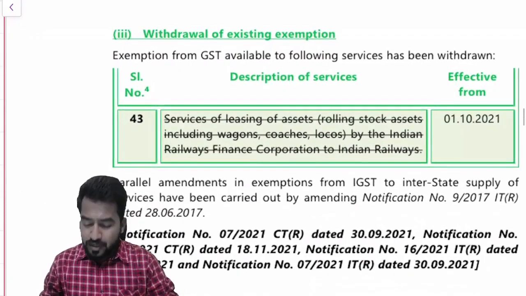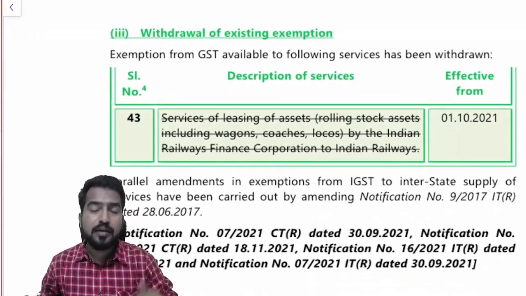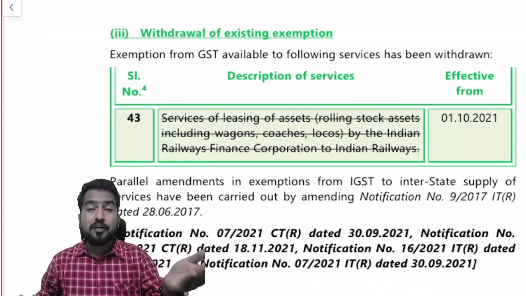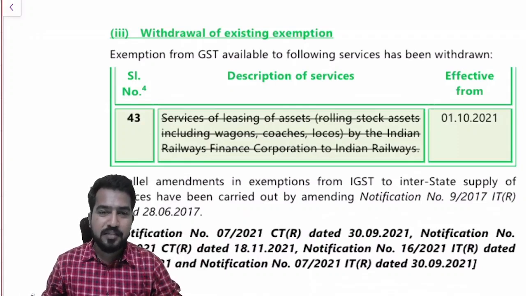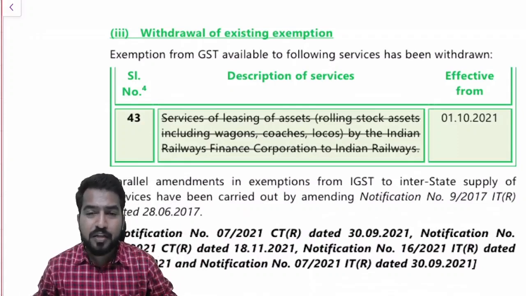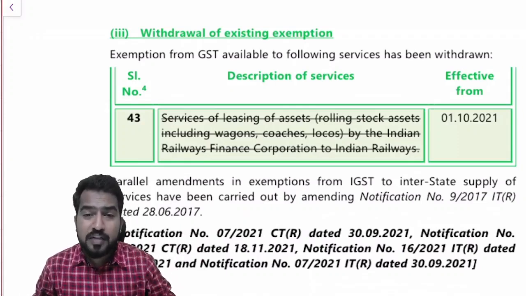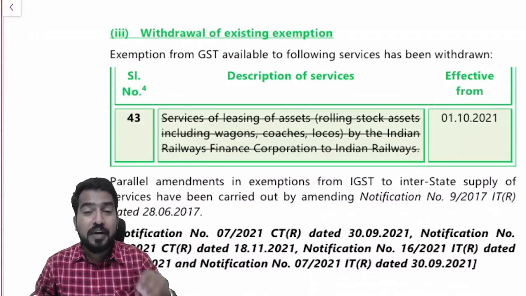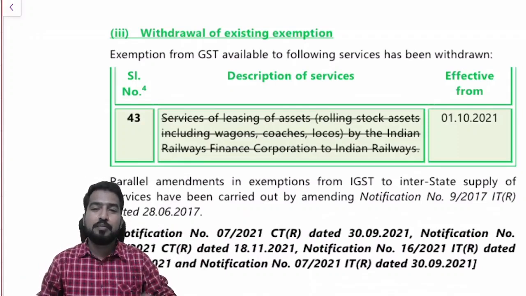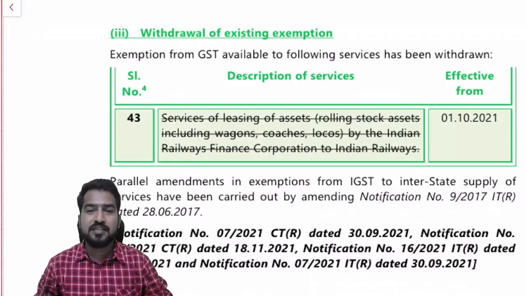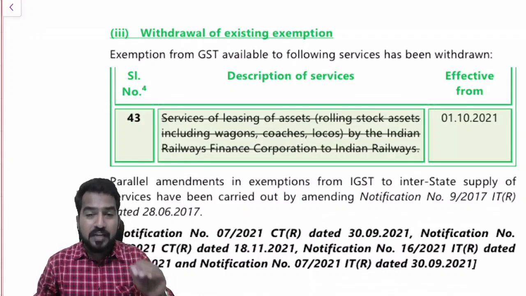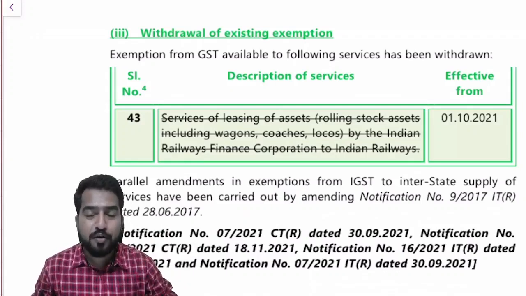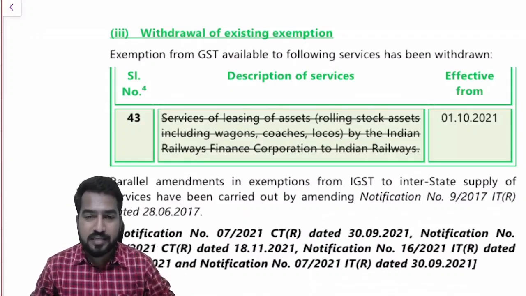And one more interesting thing is the last leg in this particular exemption, that is the withdrawal of an existing exemption. If you see entry number 43, if you remember, the services of leasing of assets by Indian Railway Finance Corporation to Indian Railways was exempt earlier. But that exemption has been withdrawn by the government now, and it is taxable.